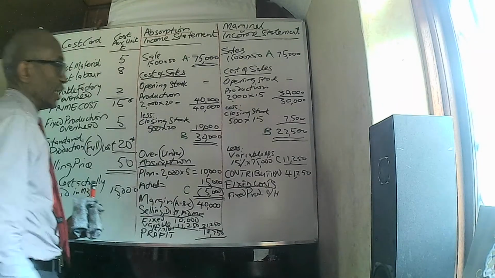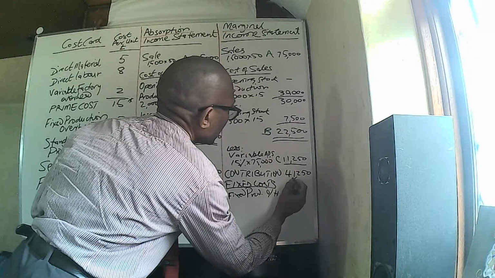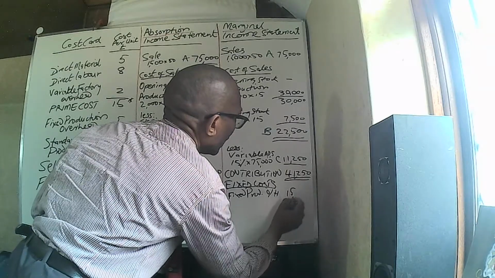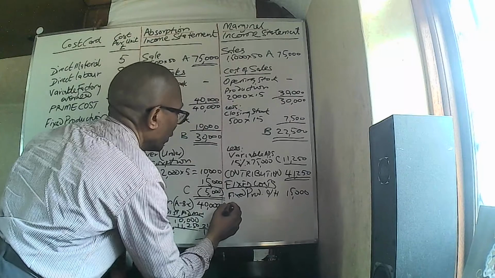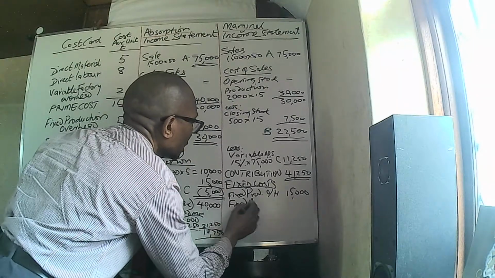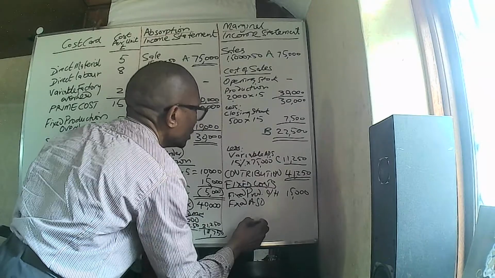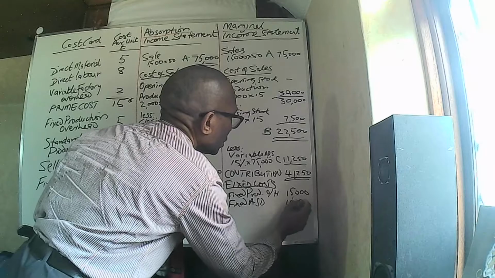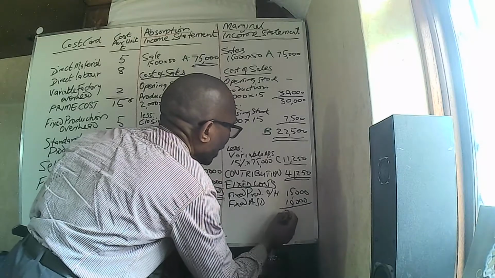Let's note OH to represent overhead, which is 10,000 and 15,000 paid, and then fixed admin, selling and distribution 10,000. That gives me a total of 25,000.